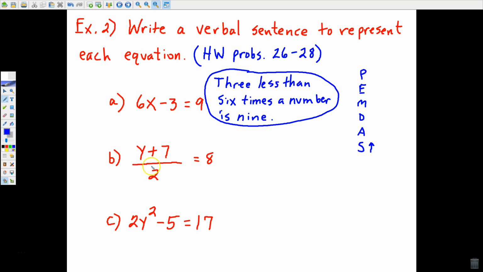Well, neither one of these are factors. They're individual terms that are being joined together. They're being added together. Because I can't separate these when I do the division, I really need to think of these as a group.